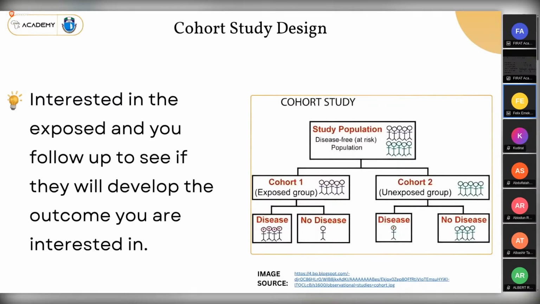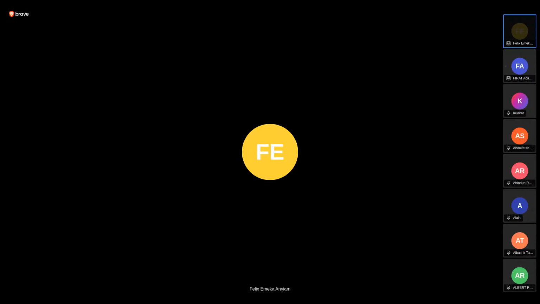Sir, can you see it now? No, it's showing in a miniature form. It's not full screen anymore. If you can stop sharing and maybe reshare again, I think it may correct it. Okay, let me try that.